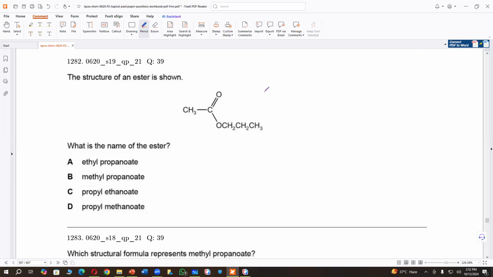The structure of an ester is shown. What is the name of the ester? This part of an ester is the alkyl part. And this part is called the alkanoate. This is how you name it. How many carbon in the alkyl part? 3. Very good. So it will be methane, ethane, propane.